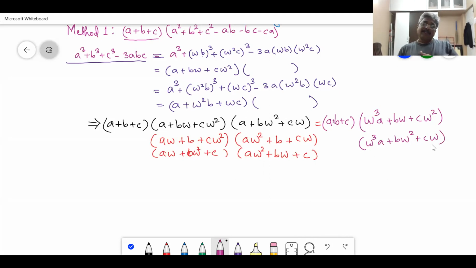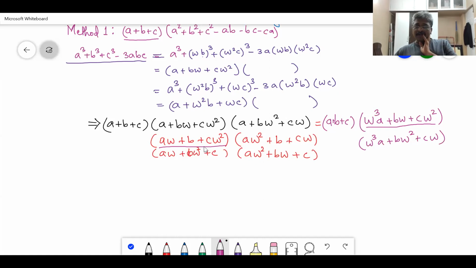What are we doing? We are multiplying the second factor by omega cube, and now we can take out omega common. If we take omega common from these three, we will get this factor. Yes or no?